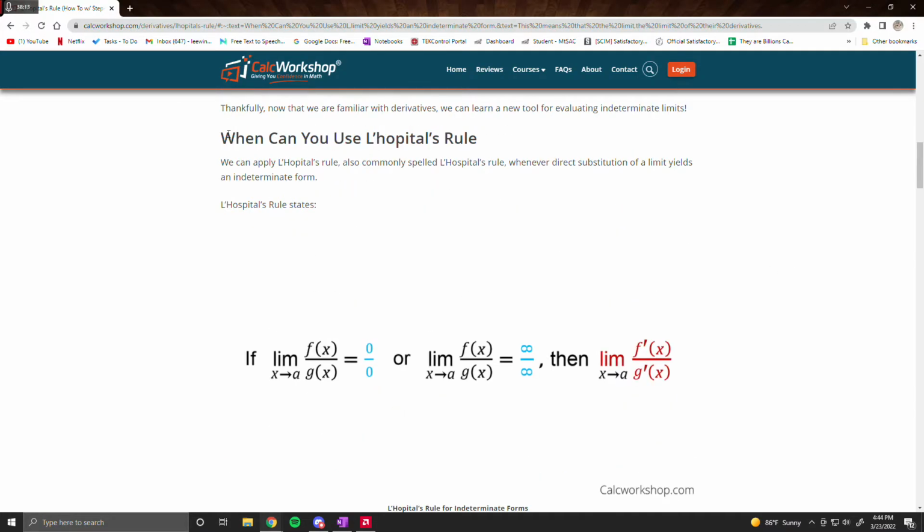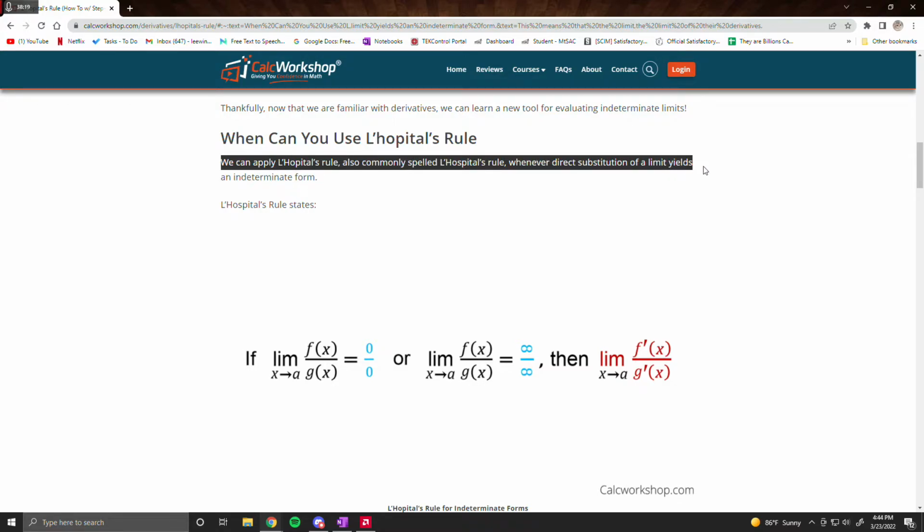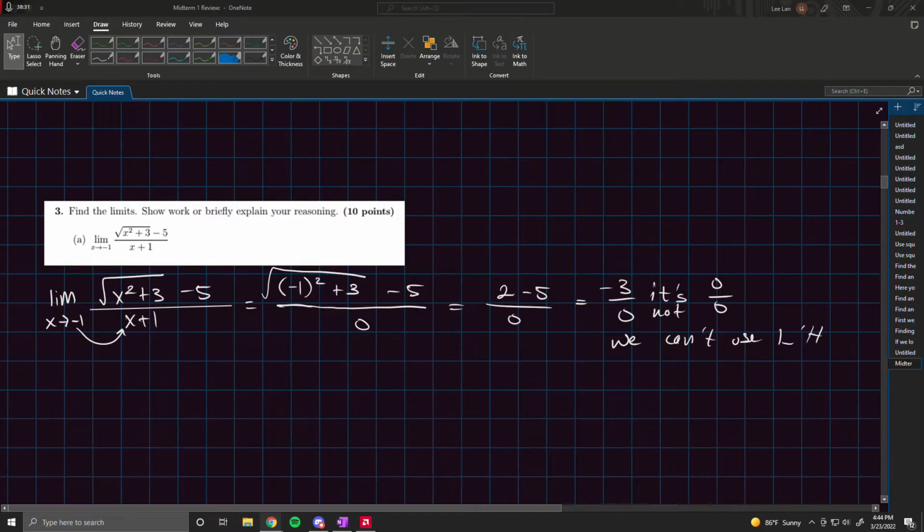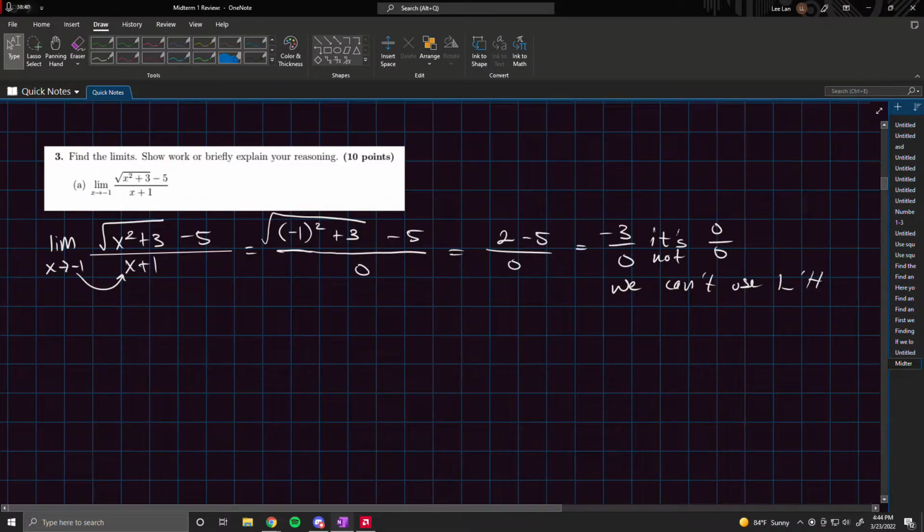Okay, so we can apply L'Hopital's rule, also commonly called L'Hospital's rule, whenever direct substitution of a limit yields an indeterminate form. These forms are 0 over 0, infinity over infinity. Then you can do this thing. So unfortunately, we can't use L'Hopital's rule. So let's try some algebra to see what happens.